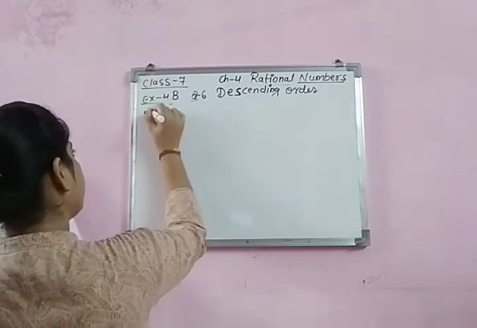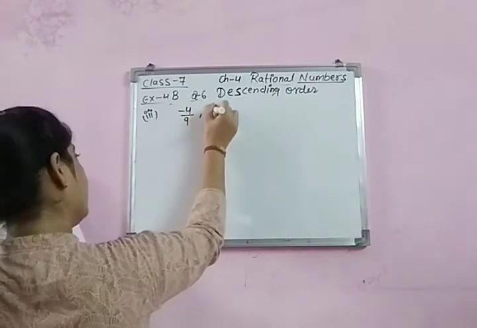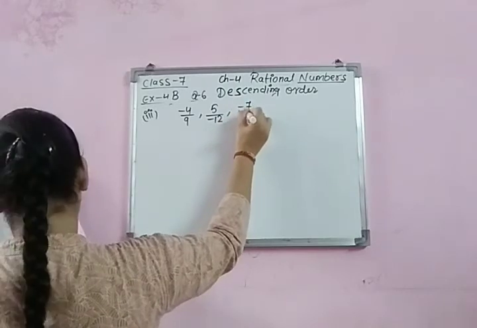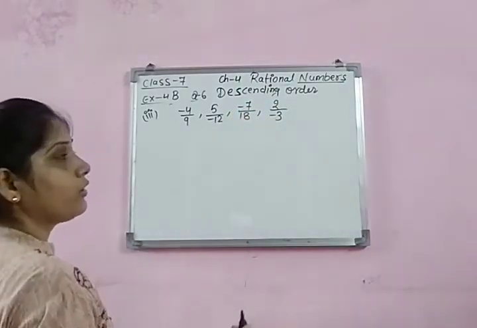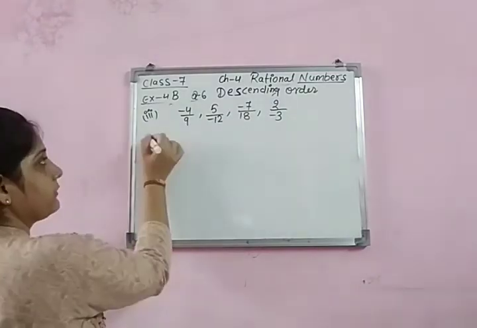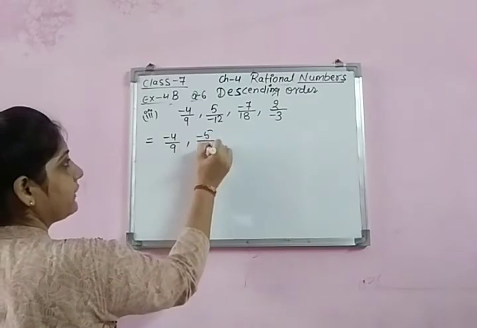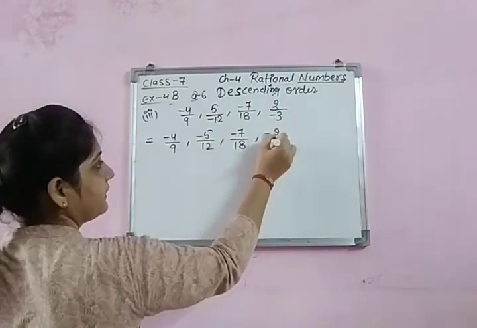Again I am explaining the third part. Negative 4 by 9, 5 by minus 12, minus 7 by 18 and 2 by minus 3. So first step, make the denominator positive. Negative 4 by 9, negative 5 by 12, negative 7 by 18 and negative 2 by 3.